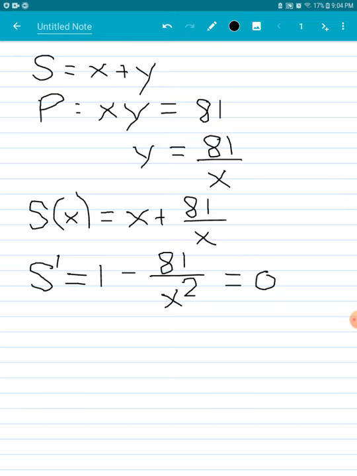So, solving, we simply transpose this term to the other side.